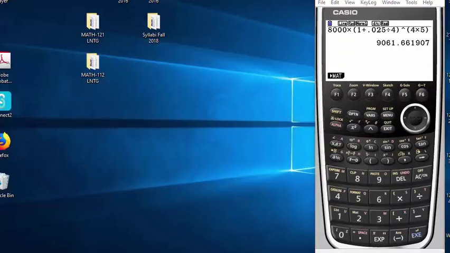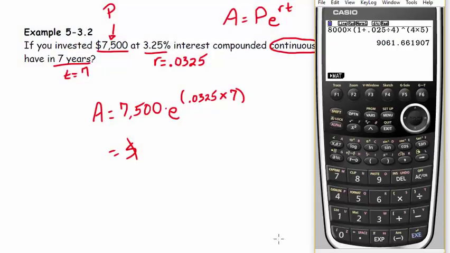So we have $7,500 times, to get our E, see it's in yellow above natural log, we have to hit shift natural log, open the parentheses for our exponent, 0.0325 times 7.